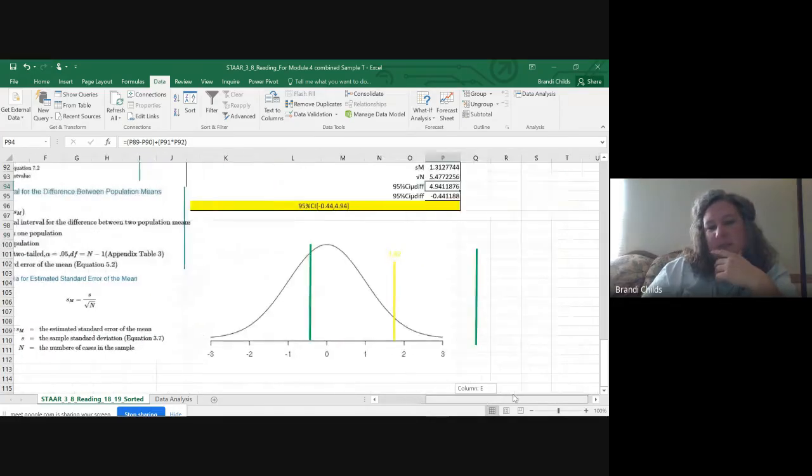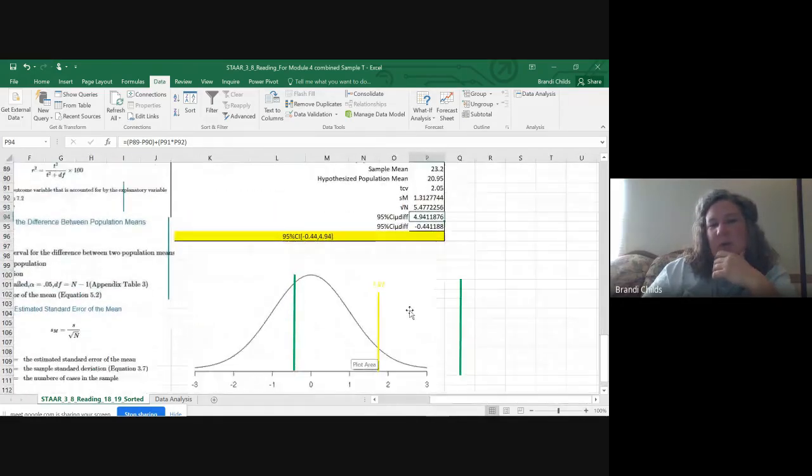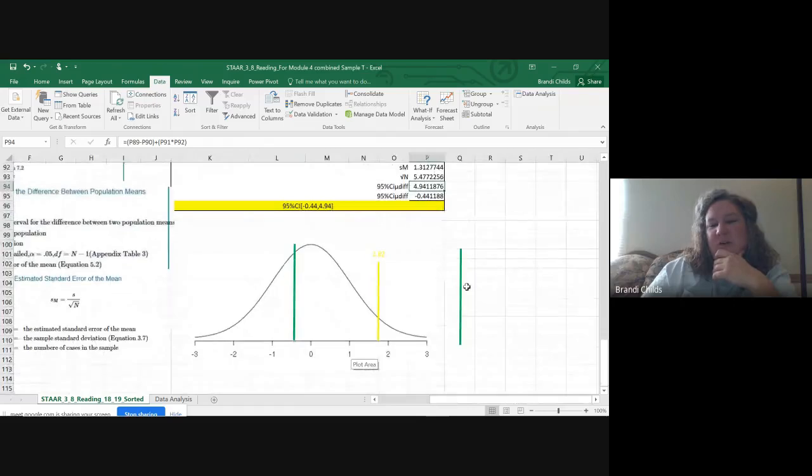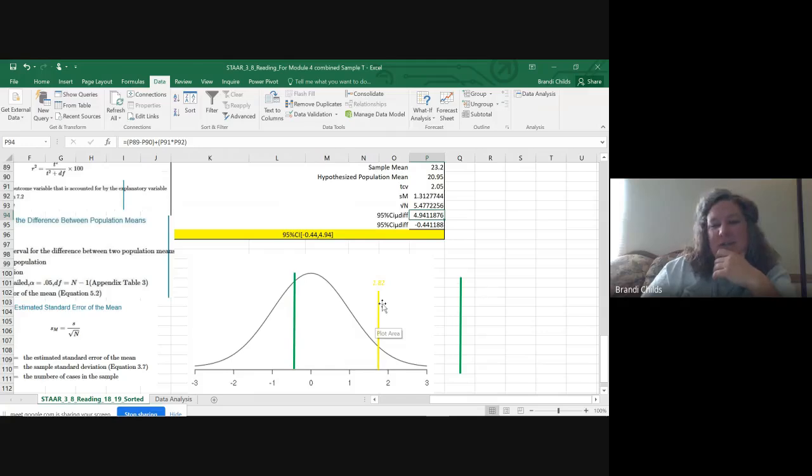So as you can see with my results, 4.94 would be somewhere down here, and the negative 0.44 we know is not quite to negative 1, so it would be right here. But I know that my t-statistic was 1.82, so this is how I know that I was on the right path or did it correctly.